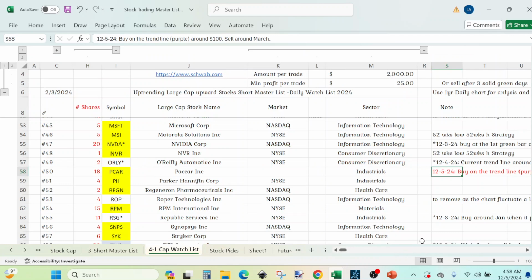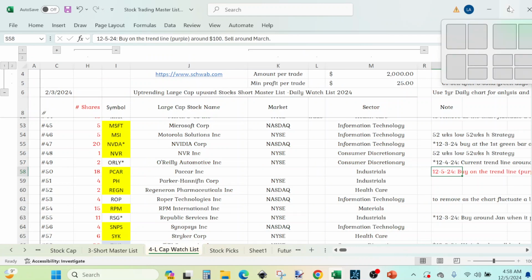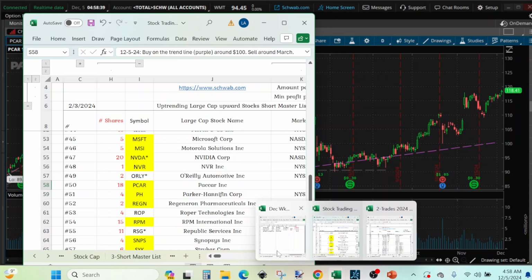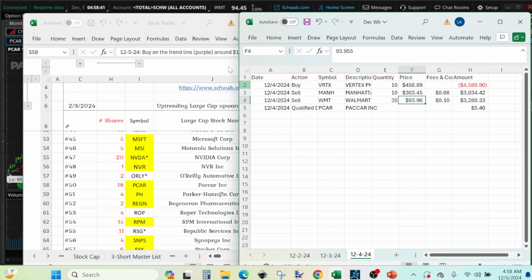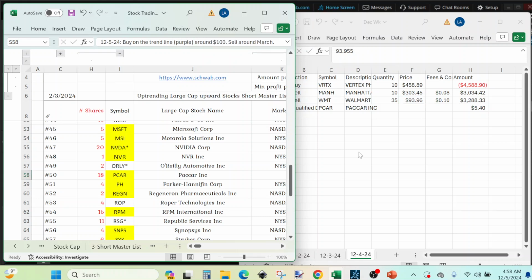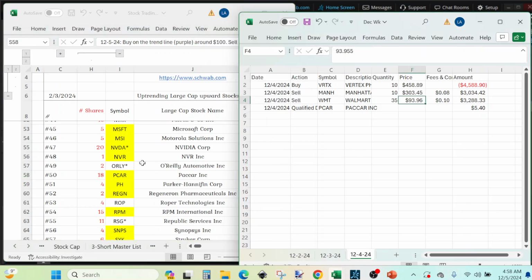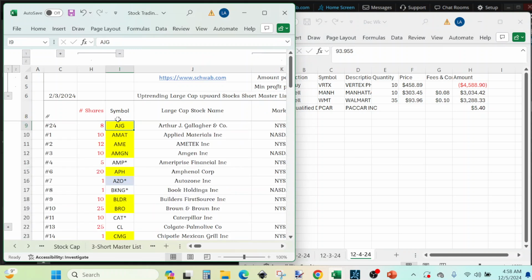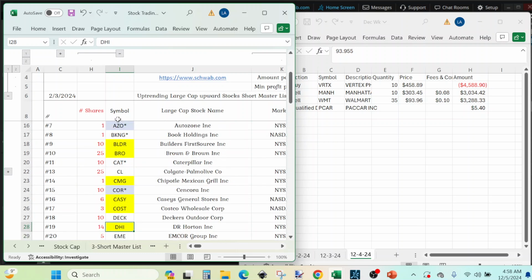So now we are going to look at our chart, our watch list, and compare it to our trade off yesterday to remove the color from our stocks that we purchased. So first we need to check stocks that we planned to purchase yesterday. They will be red and yellow.